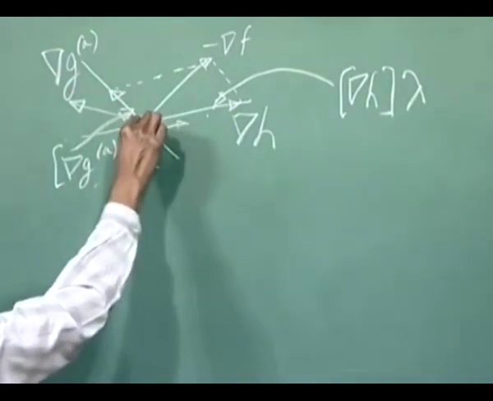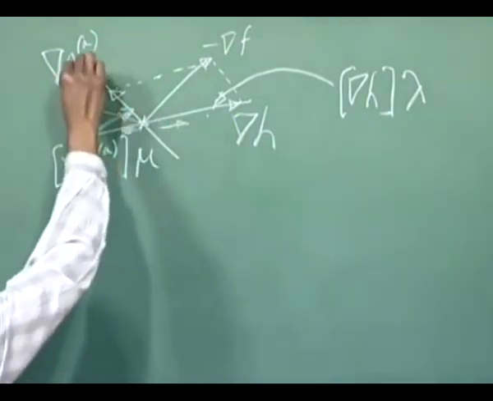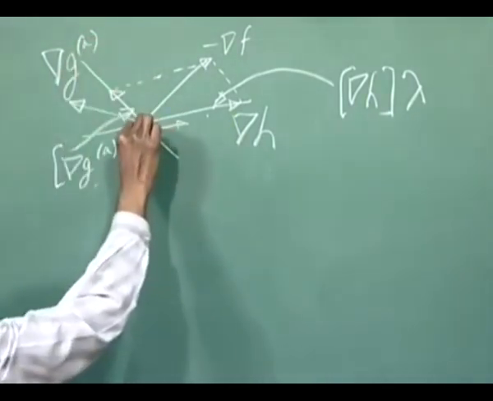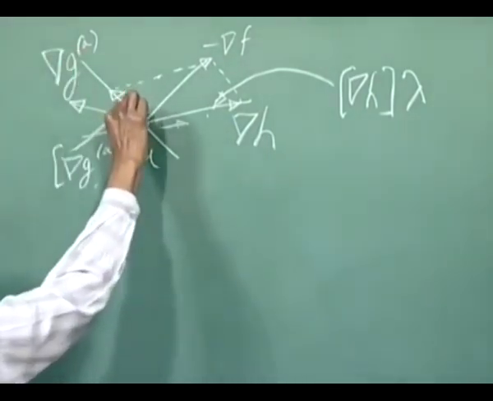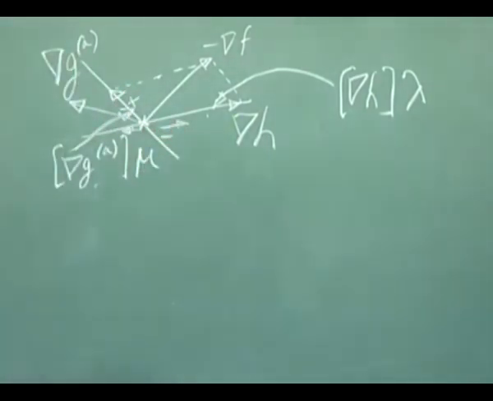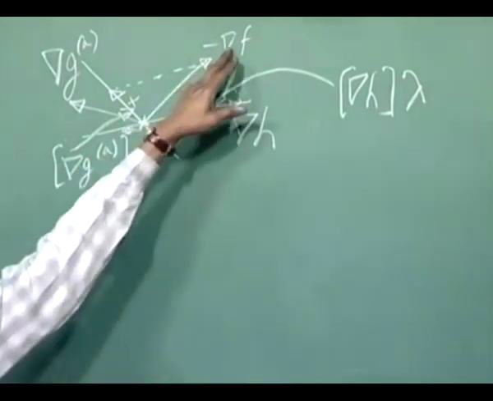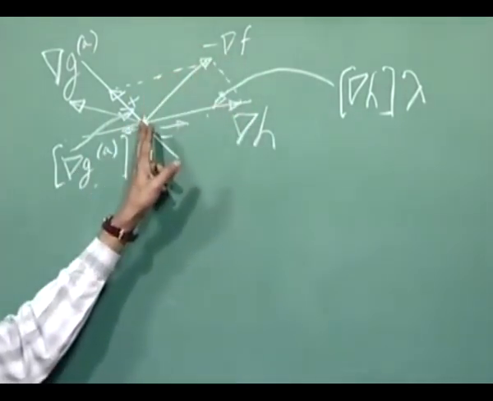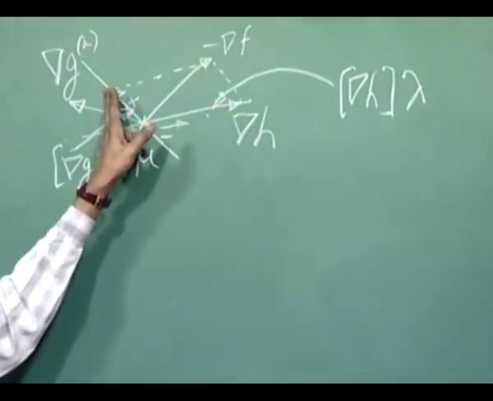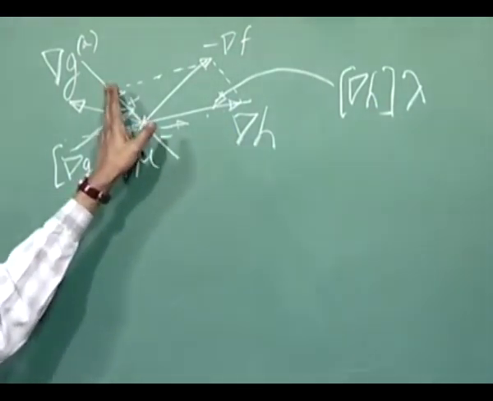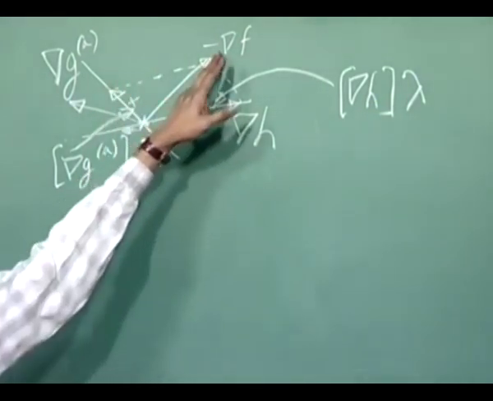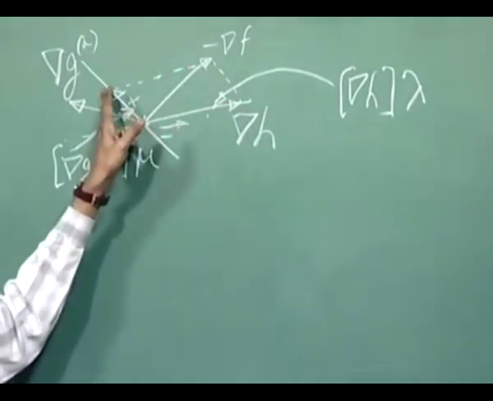At this point, since g is an active constraint, that means the value of g is 0 here. This is the direction of grad g, that means here it is positive, here it is negative. Now if the negative gradient has a component along this direction, that means along this direction it is possible to reduce the function value, because negative gradient has a component along this direction.